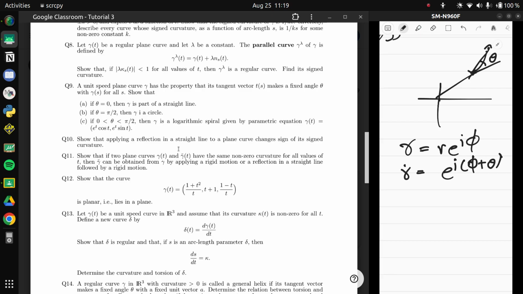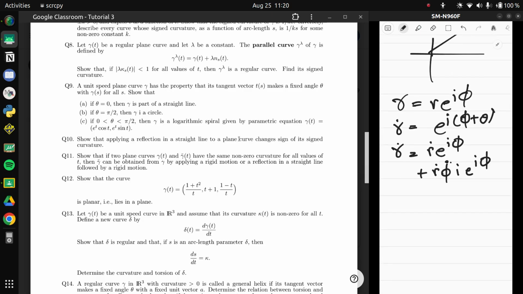Interesting. So we know that gamma dot is basically equal to r dot e power i phi plus r phi dot i e power i phi, right? So what you're essentially saying is that e power i theta is equal to r dot plus r phi dot i, right?